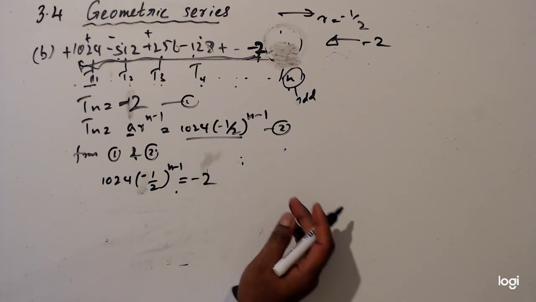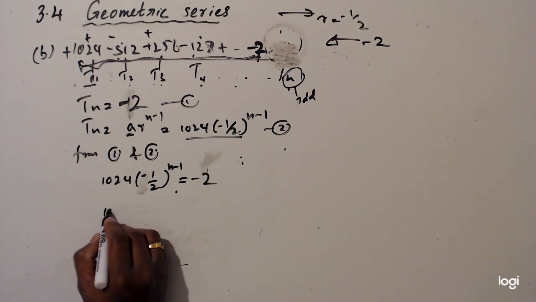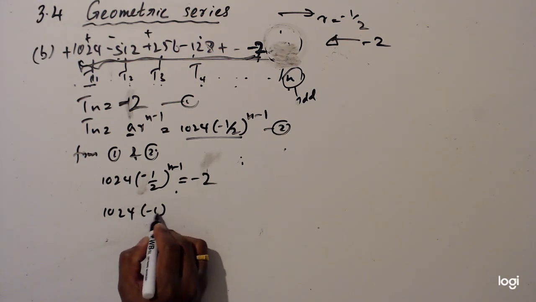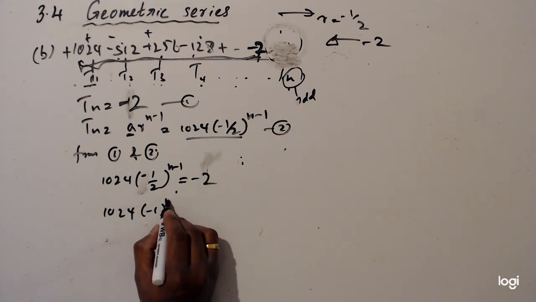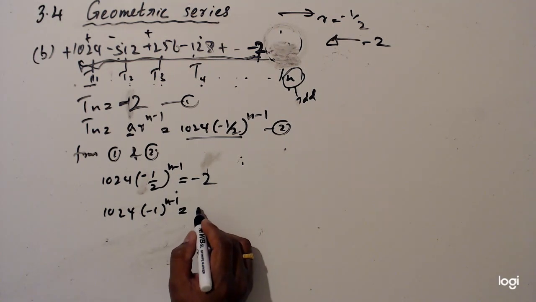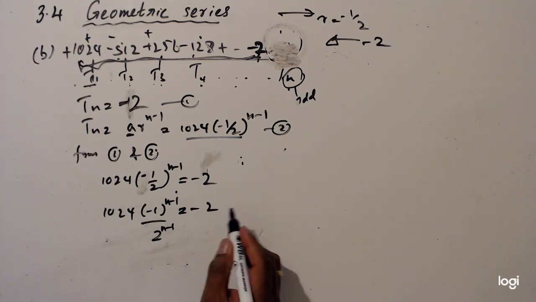This is minus 2. Now what is the argument? Again, 1024 times minus 1 to the power n minus 1 equals minus 2 to the power n minus 1, equals minus 2.